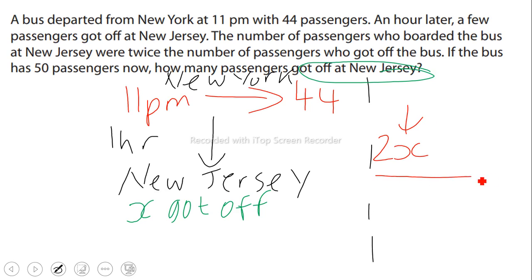Okay, so here's the idea. We had 44 passengers. We know that X got off after an hour.